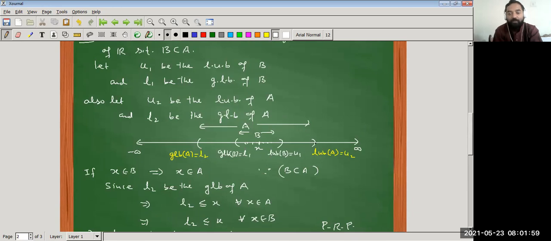That all the elements of a set are less than or equal to the least upper bound. That is, all the elements of A are less than equal to U2.